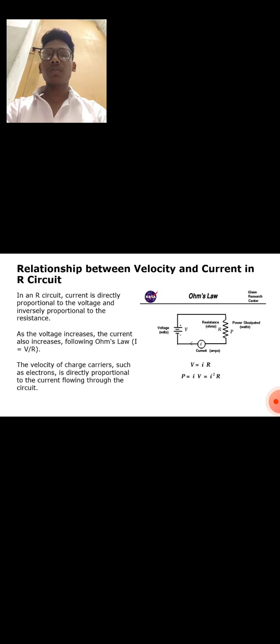Relationship between voltage and current in an R circuit. In an R circuit, current is directly proportional to the voltage and inversely proportional to the resistance.